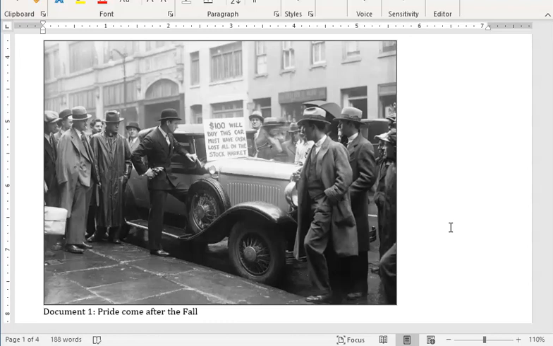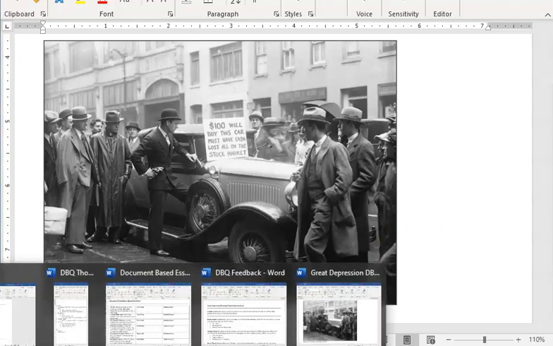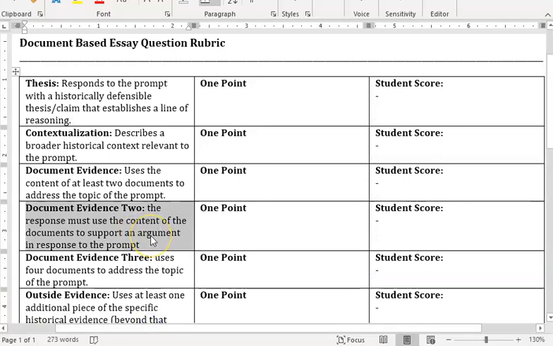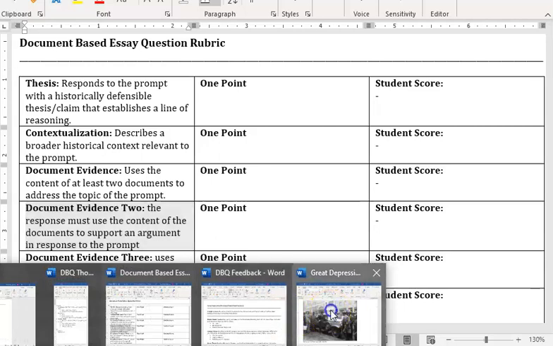So you would do something like, in document 1, we see a man willing to sell his car for $100 cash because he lost everything in the stock market. Men like this were losing their jobs. Boom. You do that for 2 documents, and you've got this point, because you're explaining the content in a way that's going to eventually work with your argument.